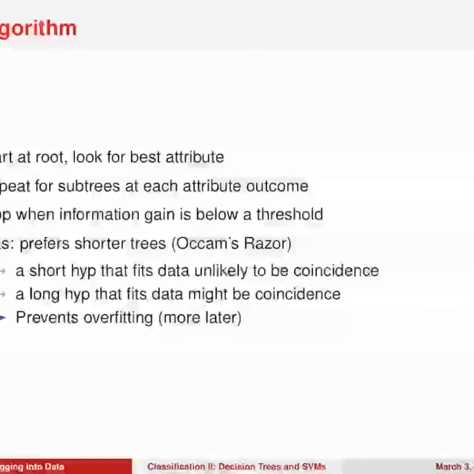When you use Rattle to find a decision tree, it will use something called the ID3 algorithm. The ID3 algorithm starts at the root and looks for the best attribute. It repeats for subtrees at each attribute outcome, and it stops when the information gain is below some threshold. This means that it will prefer shorter trees. This prevents overfitting, something that we'll talk more about later in future lectures.